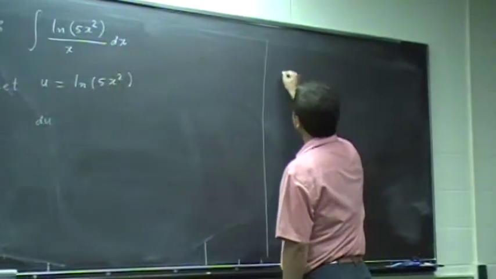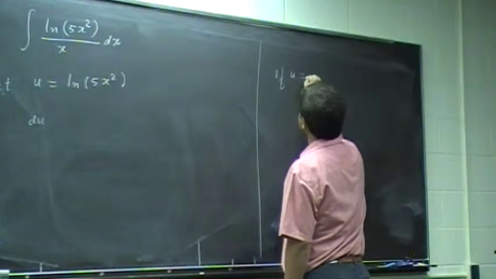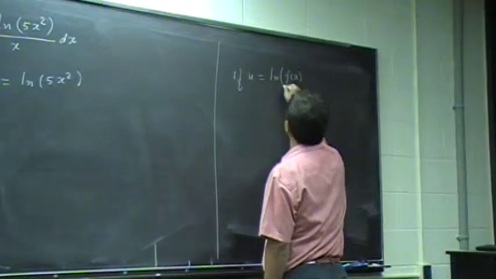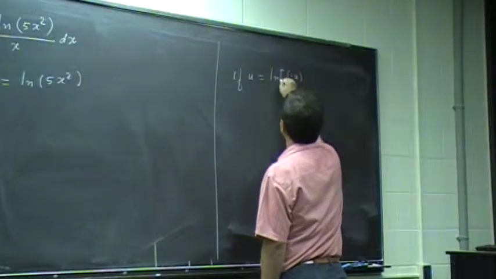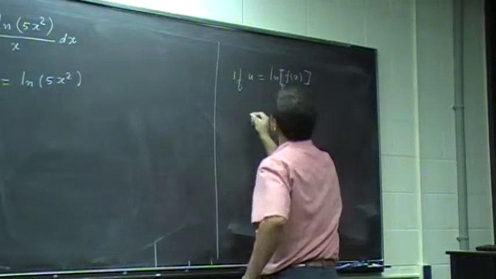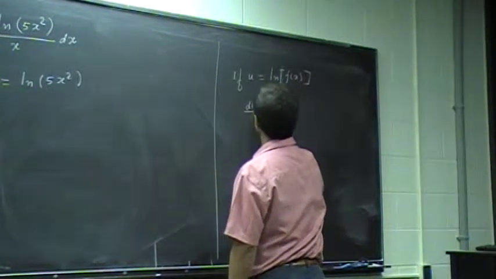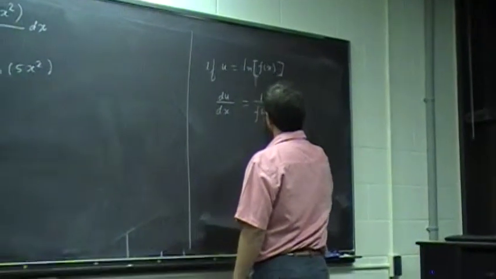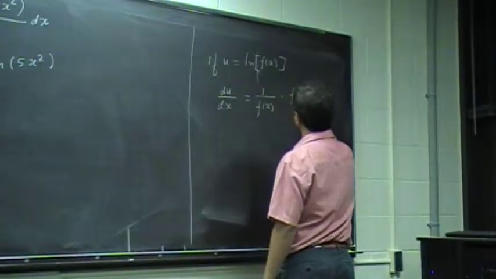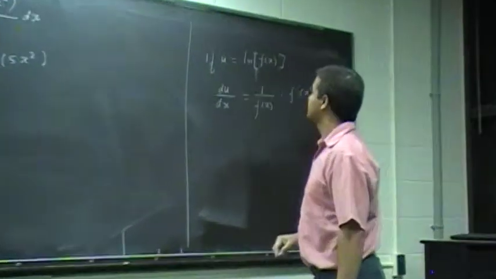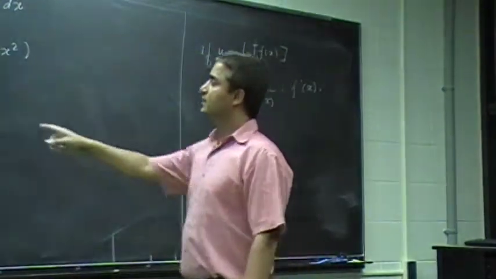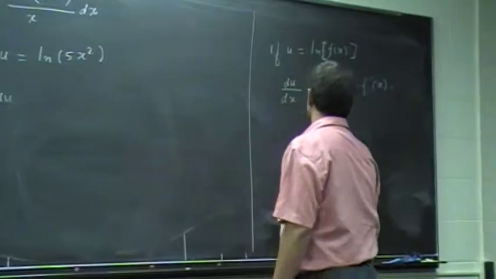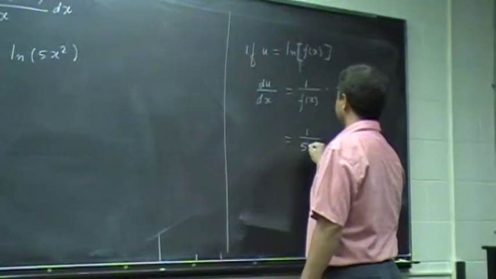If u equals ln of f(x), then du over dx is 1 over f(x) times f prime of x. So u equals ln of f(x), f(x) is 5x squared, so 1 over 5x squared.